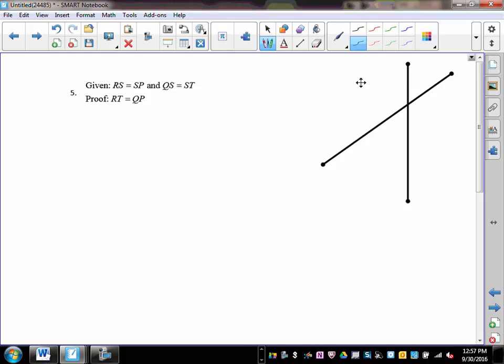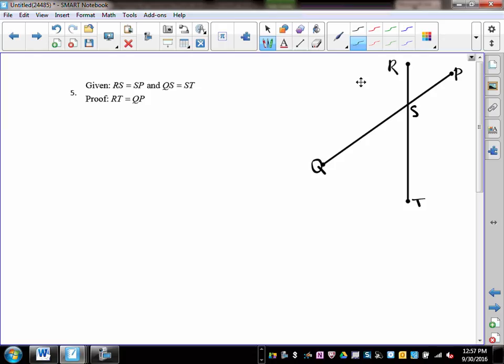Okay, so we have S as the intersection point. How do you know that? I'm giving it to you. It's the picture that would be given to you. R, S, T. These are line segments. It looks like we did it for homework.